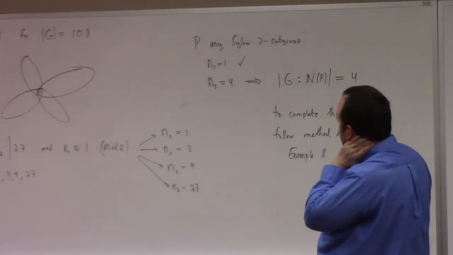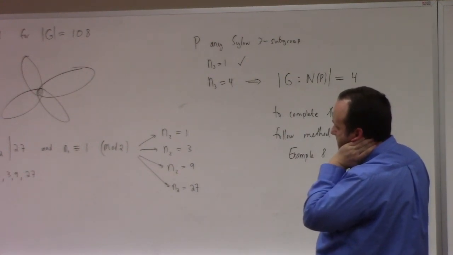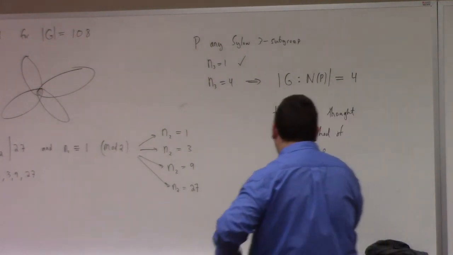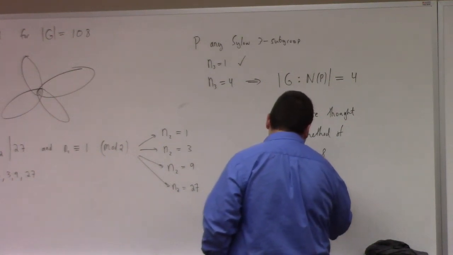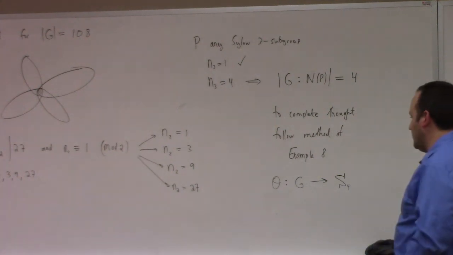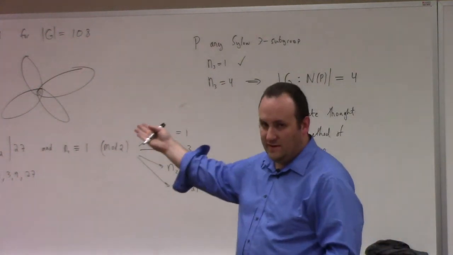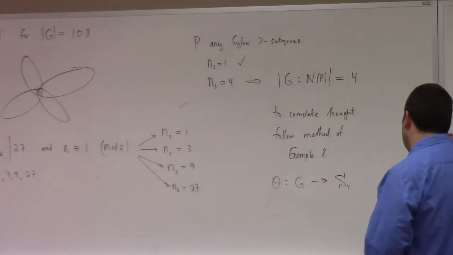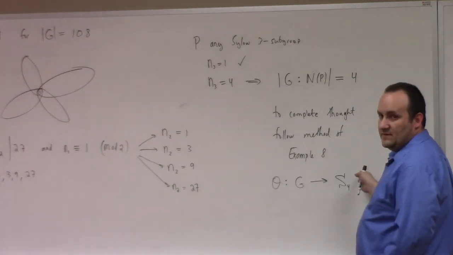Because S4 has got 24 things, but G is what order? Theta is going from G to S4. So it's pretty simple. G has 40 things in it, and S4 has 24 things in it.